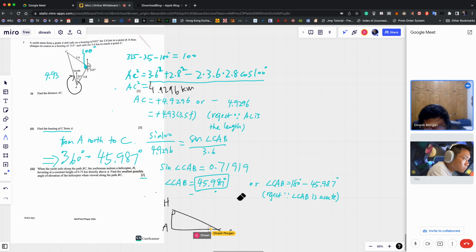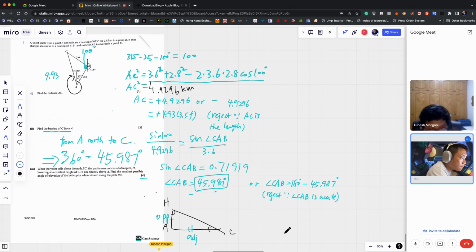So tangent of this is equal to this over this, which is 0.75 over AC, not the CH. This is your C. This is your adjacent. Yeah. This is your opposite. So it should be these two, right? Tangent of the possible angle of elevation theta.